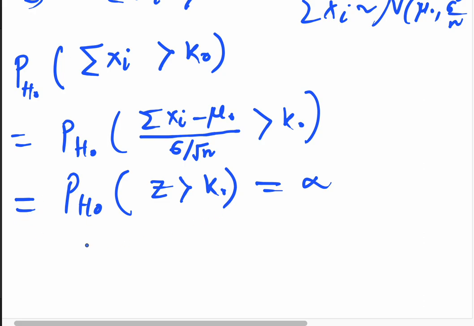That means k0 is the alpha percent point of this distribution, so k0 is z alpha.